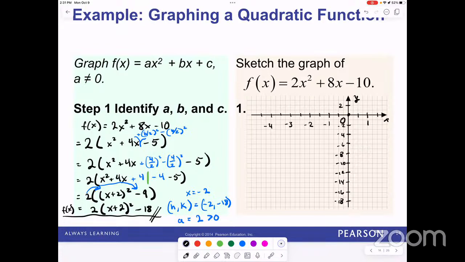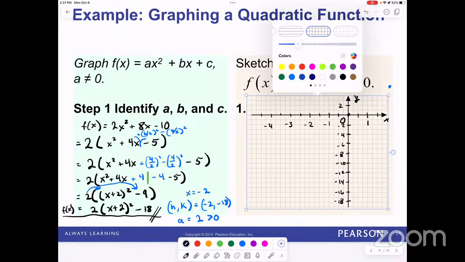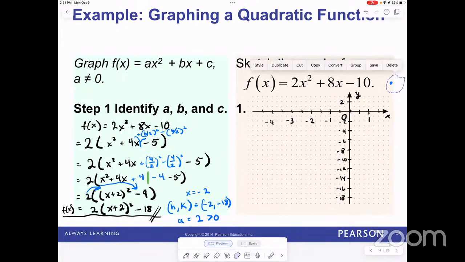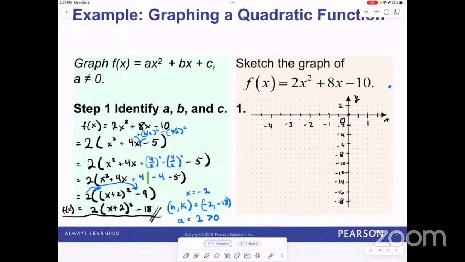All right. Let's paste. Let me change this. I like this. So our vertex was negative 2, negative 18, put us here.